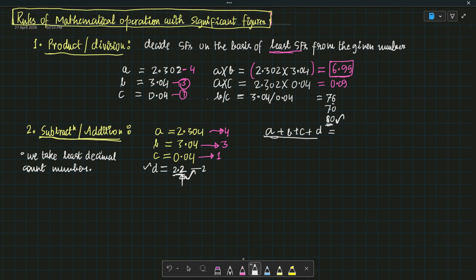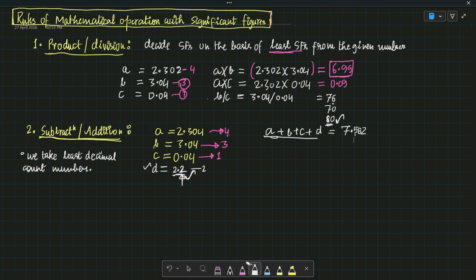We'll have 2.302 plus 3.04 plus 0.04 plus 2.2. So this comes out to be 7.582. We'll take only up to 1 decimal point, so we'll ignore 8 and 2.